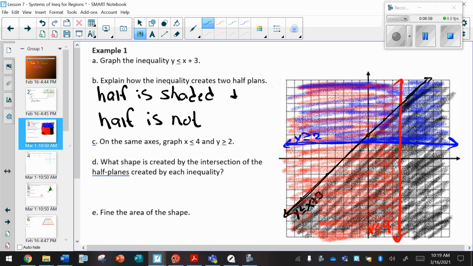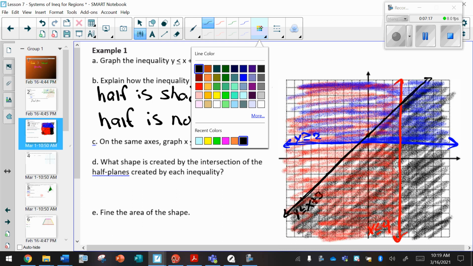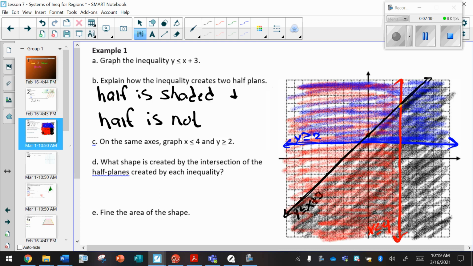Because with the 3 different half planes, each one of those lines created a half plane. And where the 3 half planes overlapped, or intersected, we get a triangle. That's the overlapping of the 3 shaded half planes.